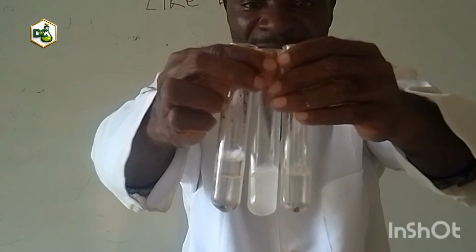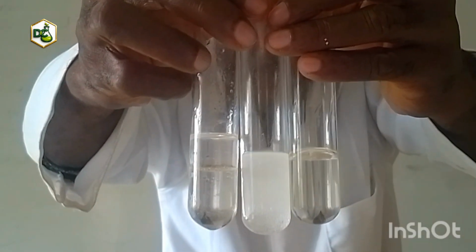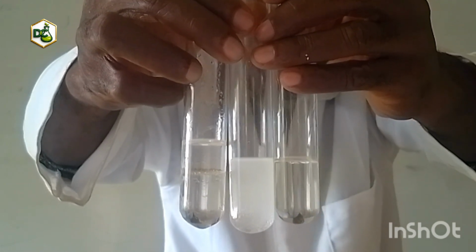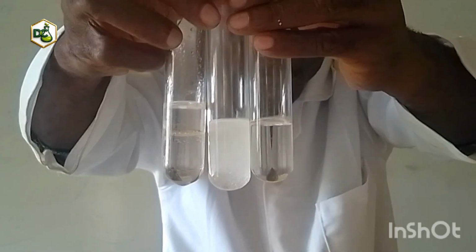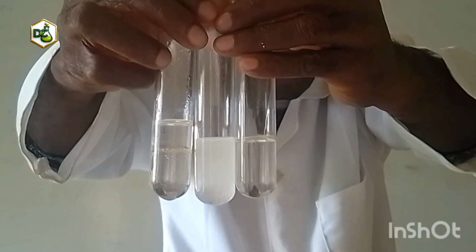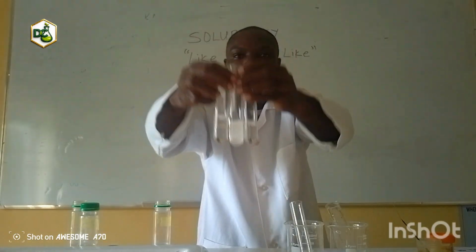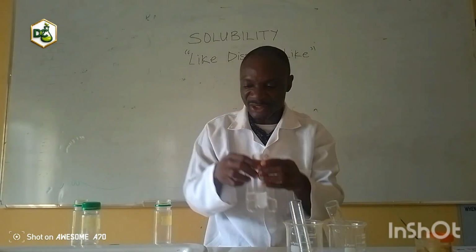Now you can observe three conditions. The middle one is sparingly soluble. My right hand side is immiscible, insoluble, and my left hand side solution is soluble or miscible condition. So you can see the difference.